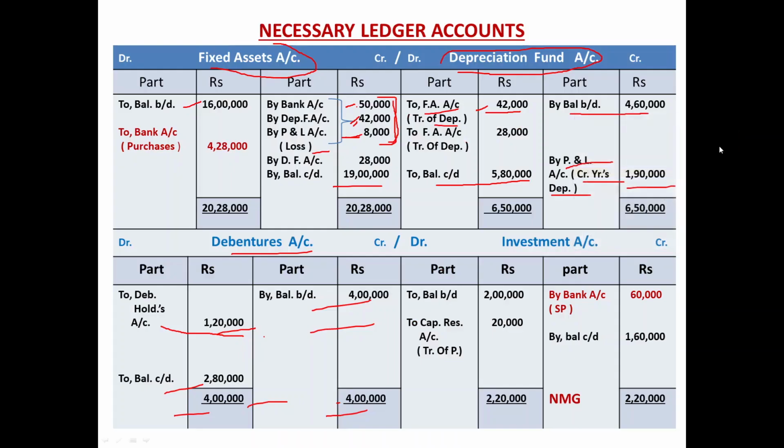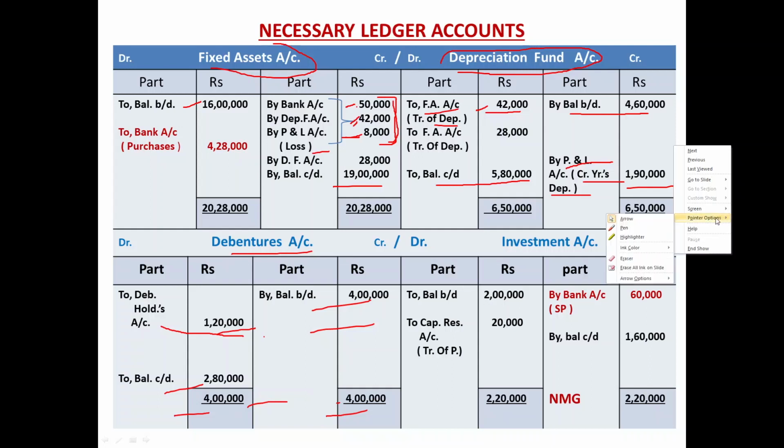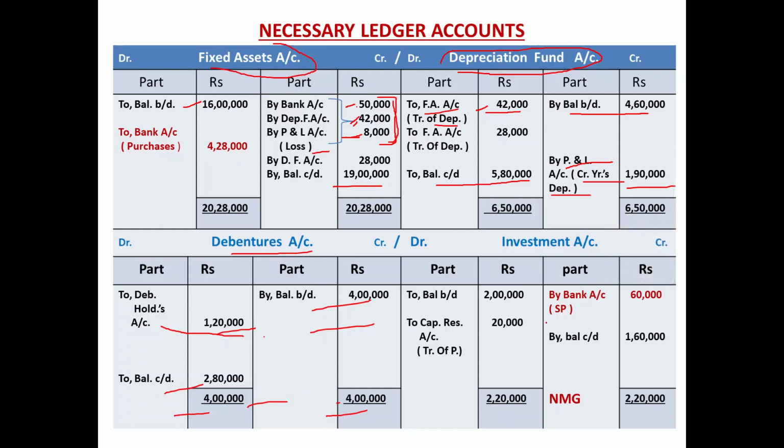Let us give this posting of the journal entry. Transfer of profit. Opening balance 2 lakh, closing balance 1,60,000 given in the balance sheet. First JE that we passed for transfer of profit. Investment account debited to capital reserve account credited, transfer of profit 20,000.